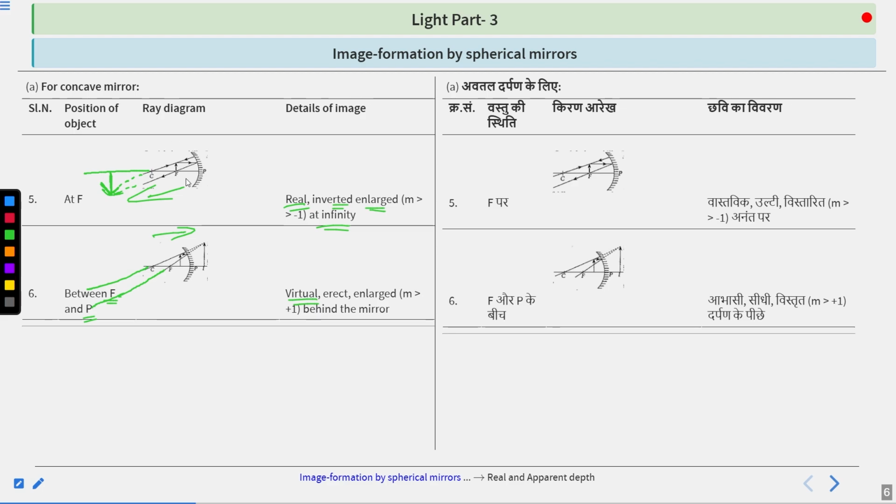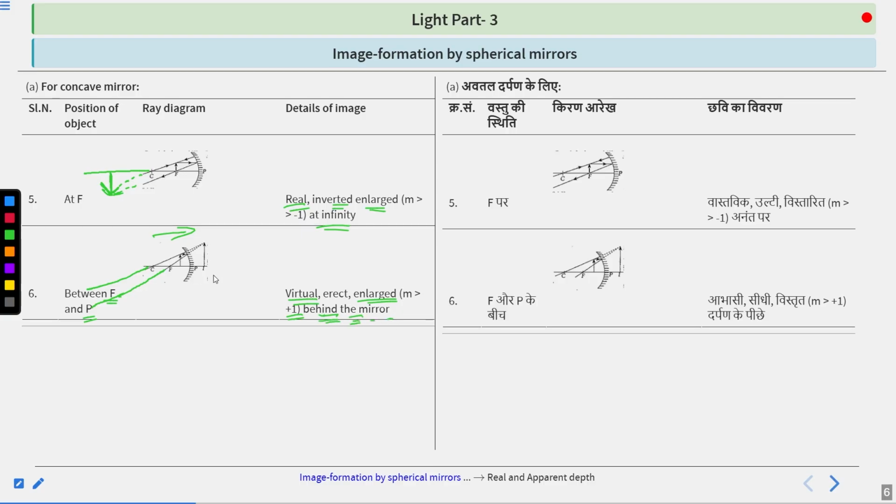Erect. Why? Here the image is inverted. The arrow is upward, this arrow is downward. Here the object is in upward direction, the image is also in upward direction. The image will be enlarged. M is greater than +1. Why +1? Because for virtual images we use +1. For real images we use -1. Remember this. And the image will be behind the mirror.